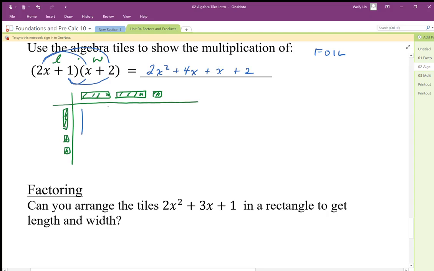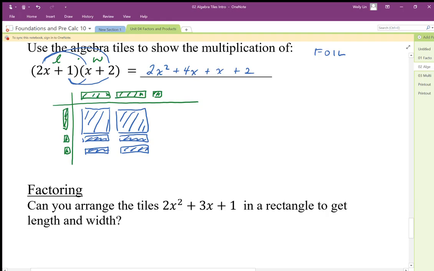So when I show the product, I can see that the product is going to be first 2x times x. The outside is going to give us 4x's. So the 4x's are generated here, 1x, 2x of area. There's my 4x's of area.